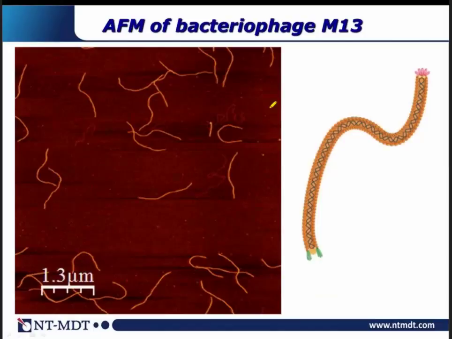Here, for the example, we use bacteriophages, or bacteriophage M13. It's a filamentous bacteriophage. You can see it has the shape of a tube, and here on this tube you have some proteins, which recognize the bacterial membrane or bacterial proteins on the bacterial membrane.